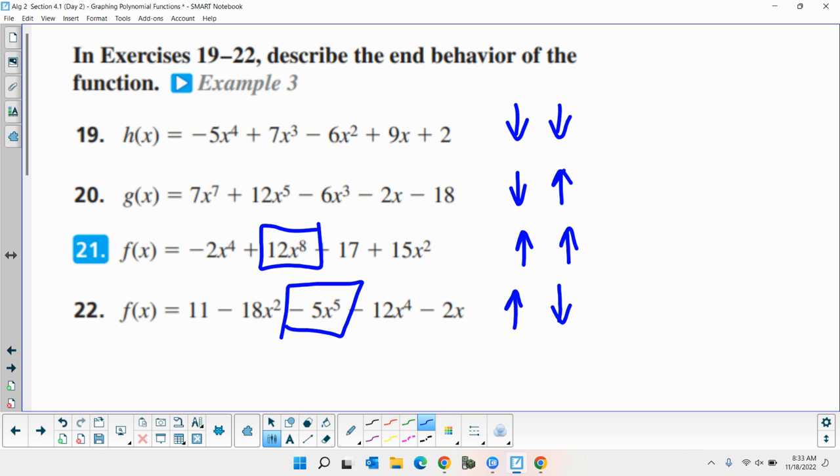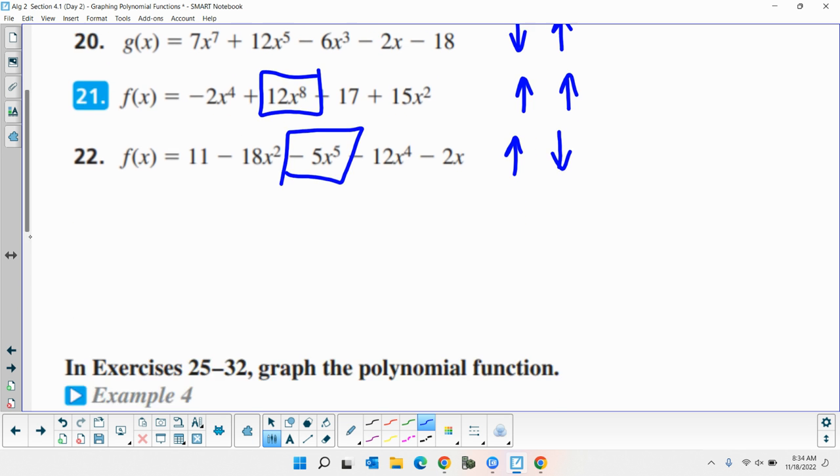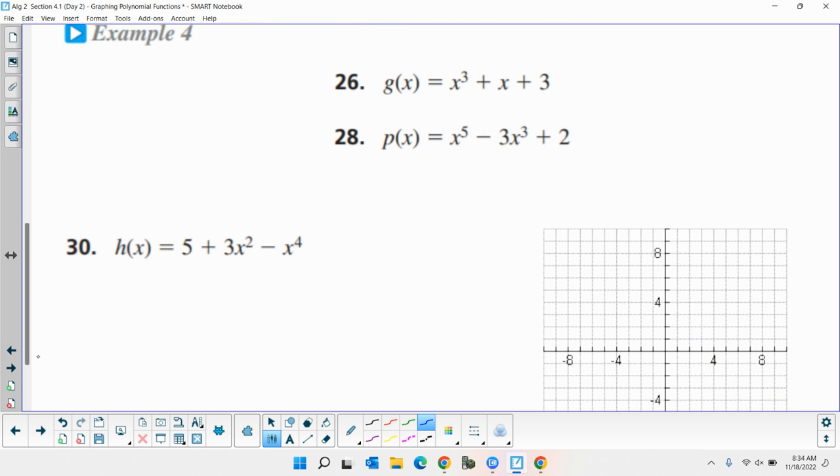Going too fast. Questions on those? Okay. Then where do we jump? Was that it? 26, 28. 26 to 30. Oh, that's right. Those were the graphs, right? All right.